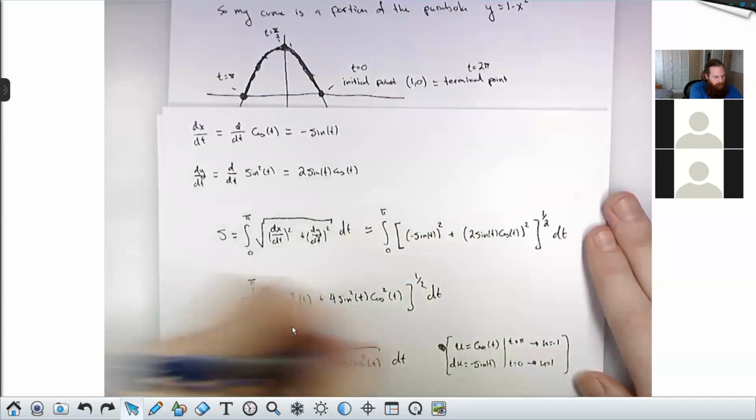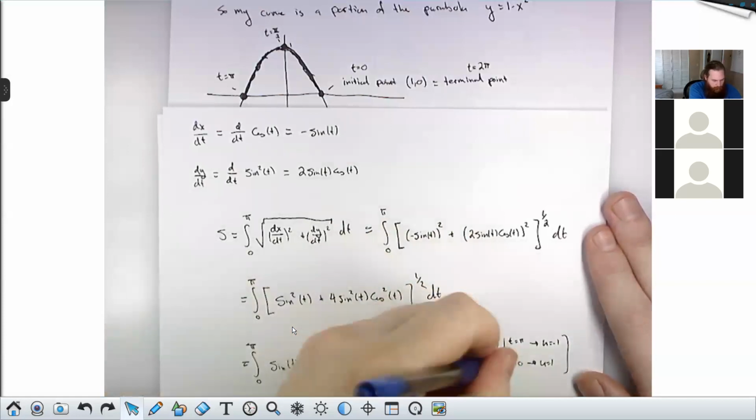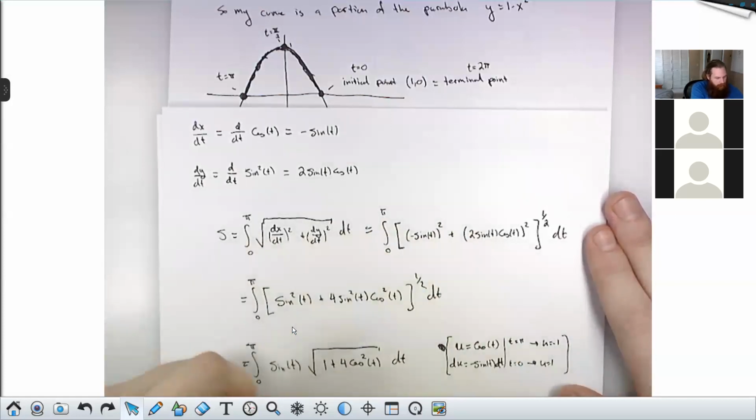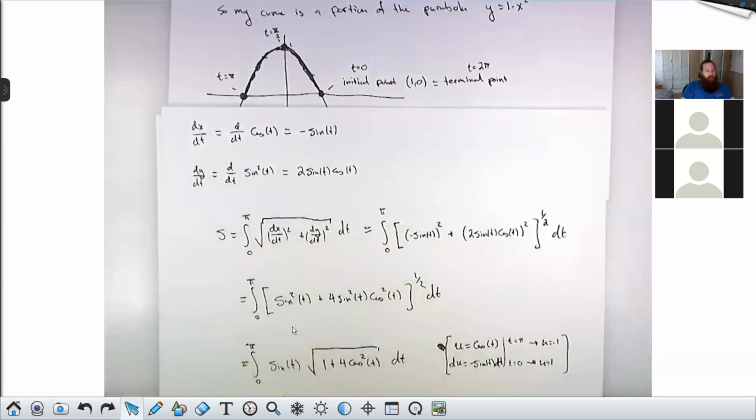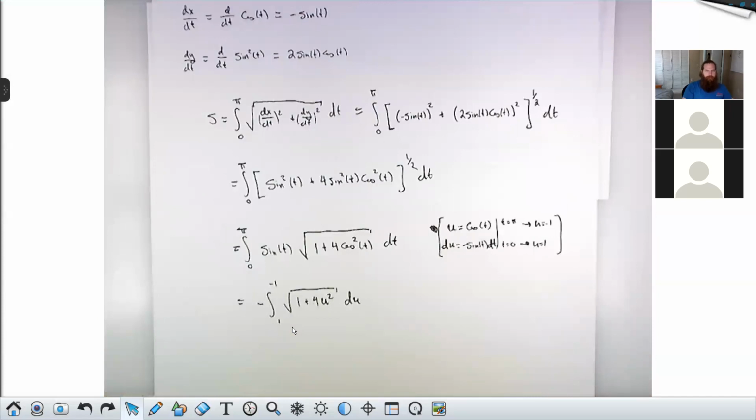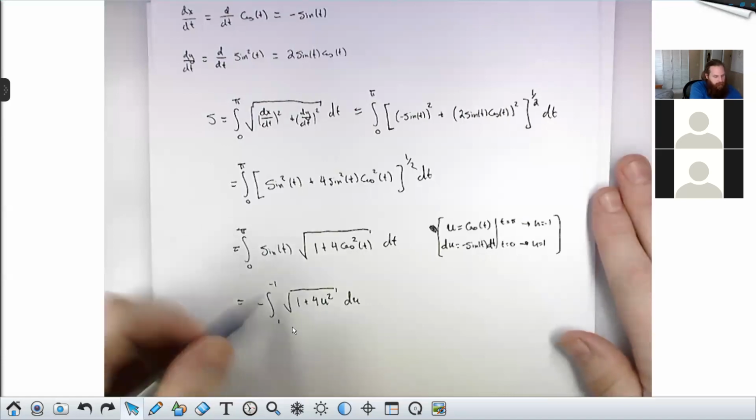So this sine t dt, that's negative du. This is negative integral 1 to negative 1 of the square root of 1 plus 4u squared. We might be able to do this. Yeah, we can do this. This is a little bit scary, but it's doable. I can bring this negative in and flip the bounds.